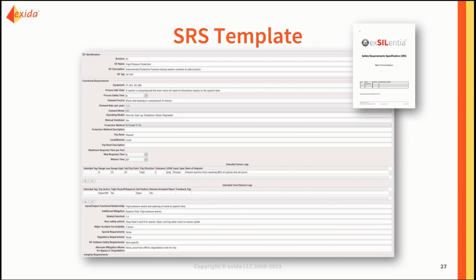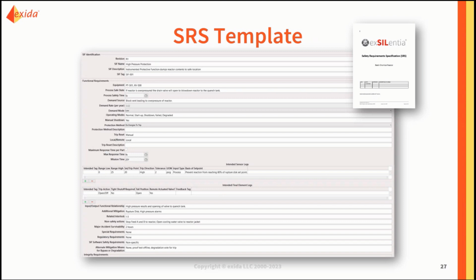So you'll be able to put in here intended proof test strategy, intended mission time, intended sensor legs and final element legs, as well as your target RRF and your target SIL. And so that's going to help them know exactly how to design.